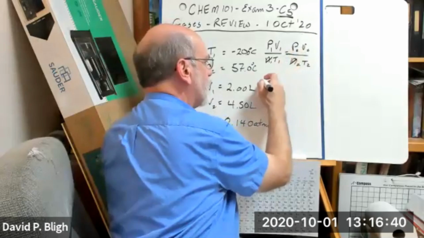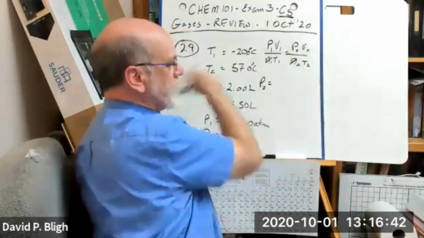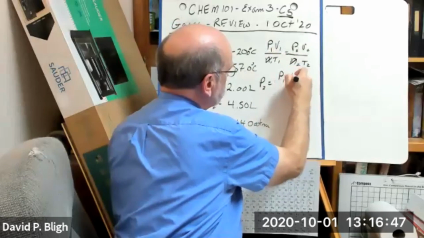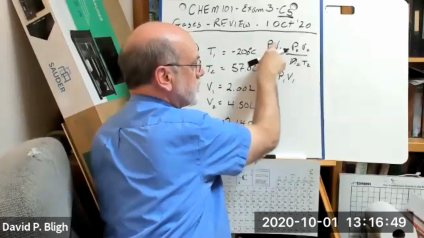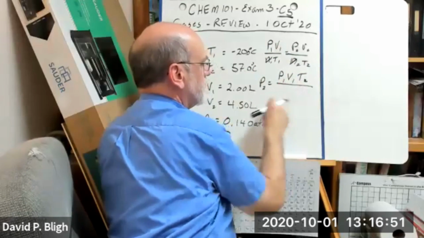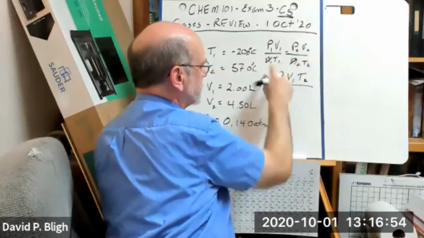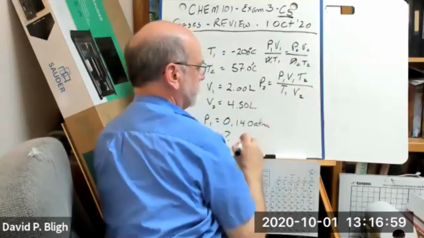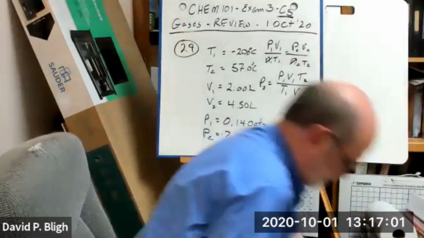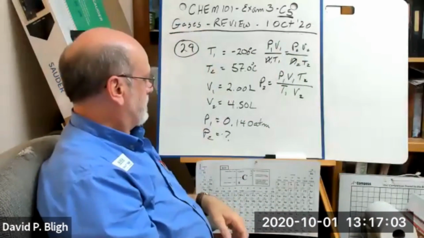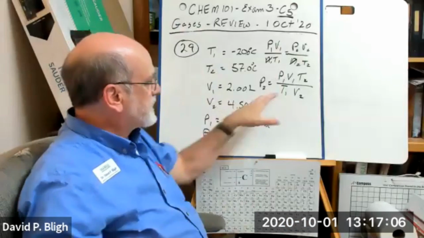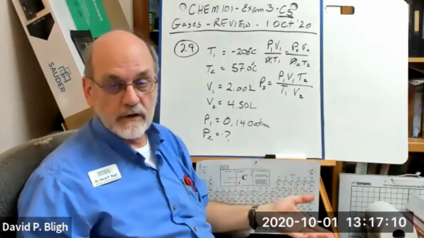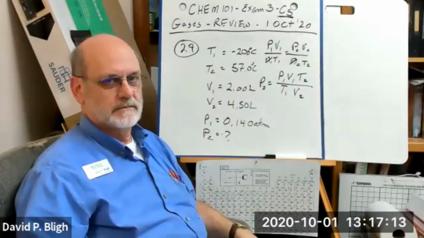So if we put P2 on one side and everybody else on the other side, that means P1, V1 is there, plus T2 comes over here. And then on the bottom, we have T1 already, and then V2 comes over on the bottom. Okay? So now, since this is a before and after, oh, what did we not do yet? Temperature.